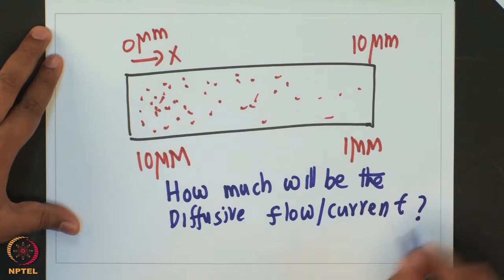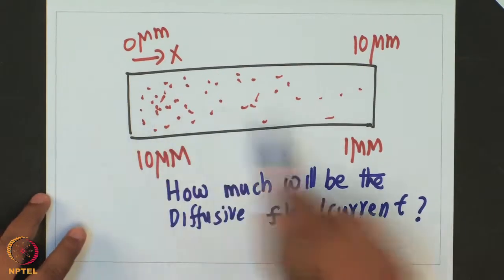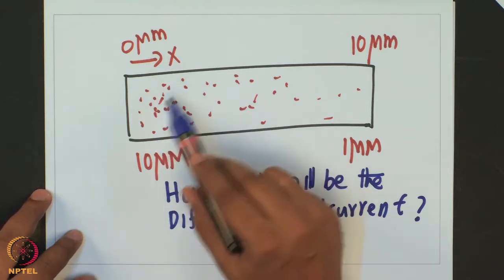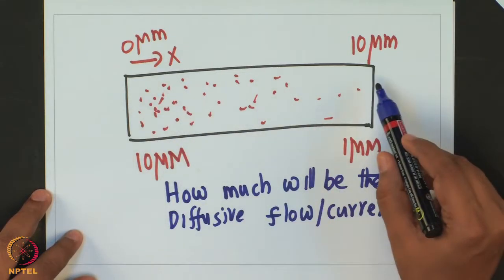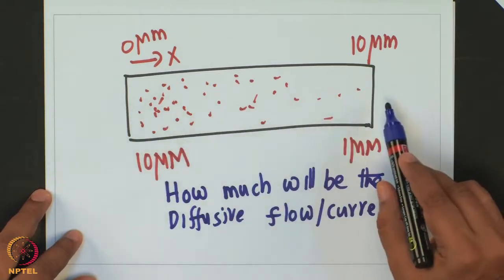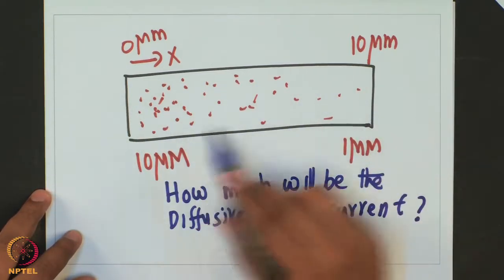This is the question that we want to answer. How much will be the diffusive flow given that there is 10 micromolar here and 1 micromolar here along this gradient of 10 micrometer?